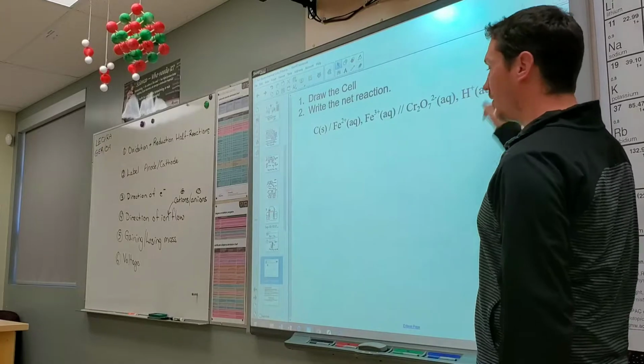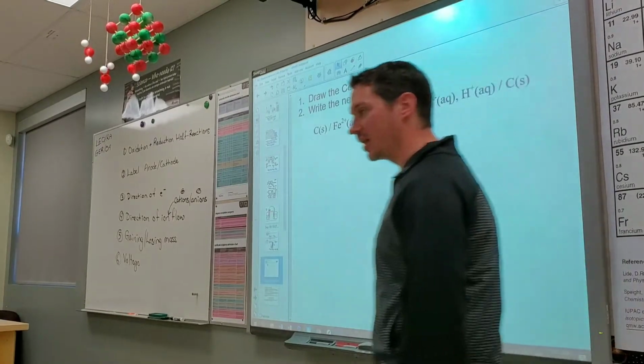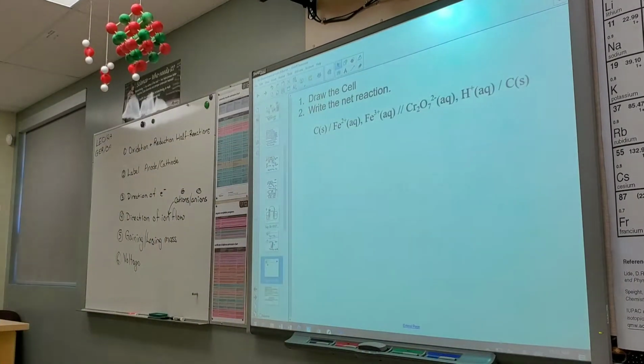And on the other side you have carbon in a solution of acidified dichromate, right? So figure out what your strongest oxidizing agent is. Oh, no. Figure out what your strongest reducing agent is. But they have to be on different sides.